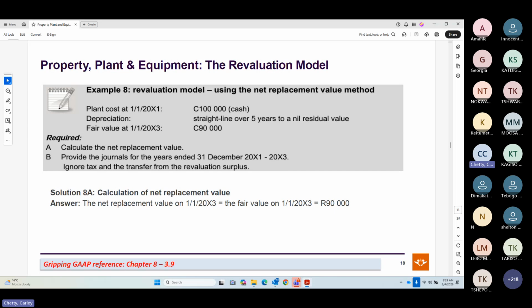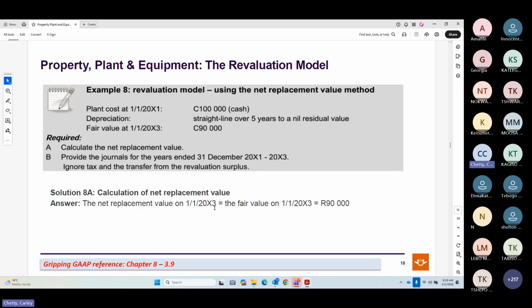And the required says calculate the net replacement value. So that is part A. Part B says provide the journals for the years ended 31 December 20x1 to 20x3. The question says ignore tax and the transfer from the revaluation surplus. So for A, it says calculate the net replacement value.